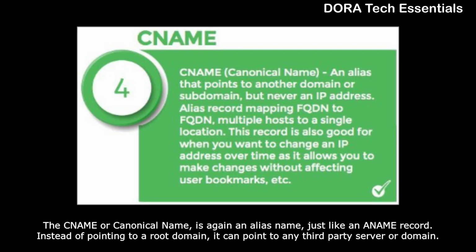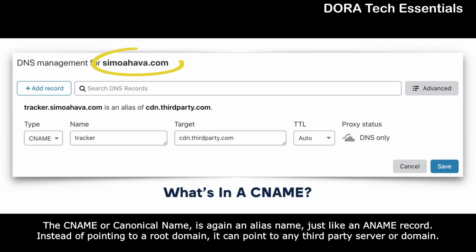The CNAME or canonical name is again an alias name, just like an A name record. Instead of pointing to a root domain, it can point to any third-party server or domain.